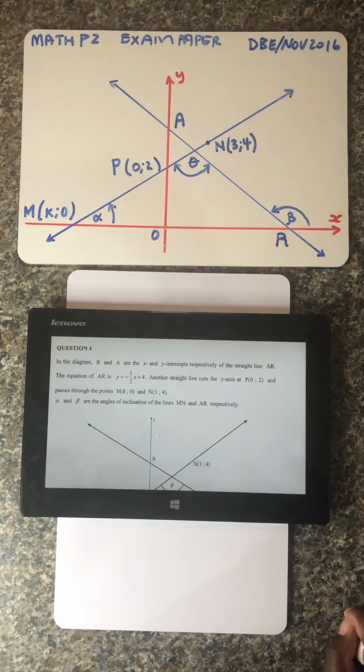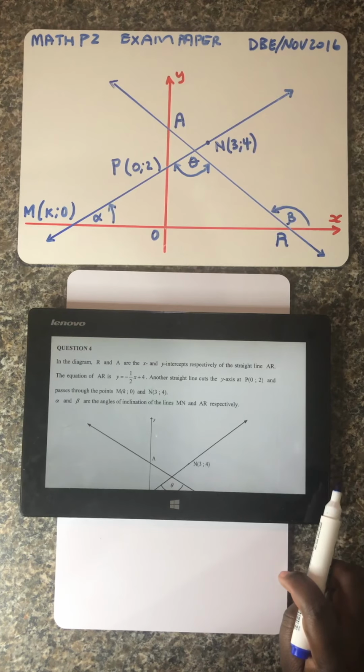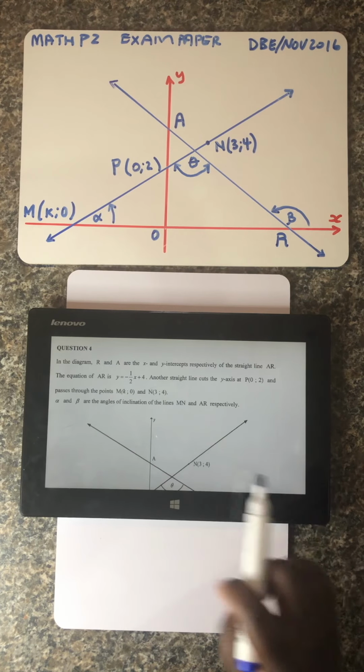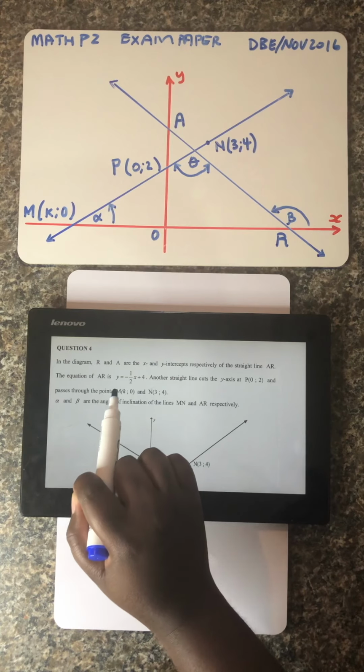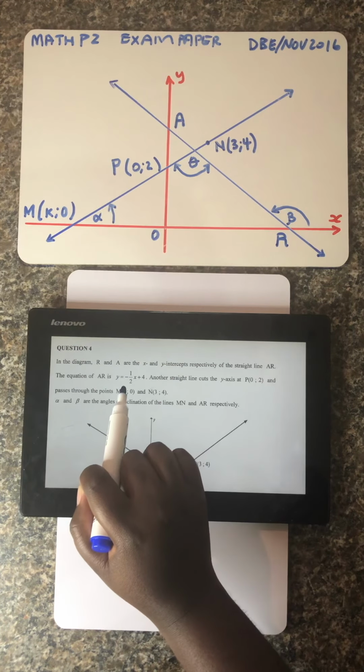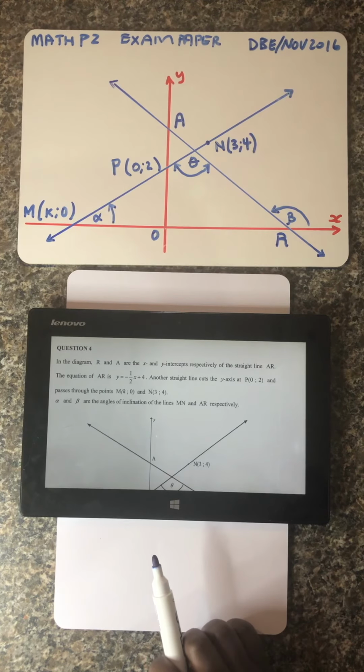Okay, so that's all that we need to note in relation to AR and that statement. So the equation of AR is y equals -1/2 x plus 4.